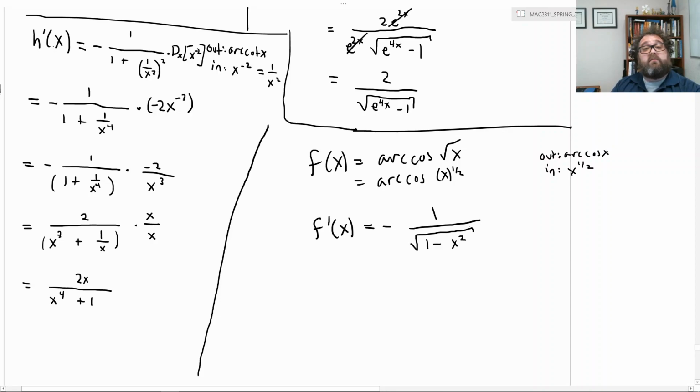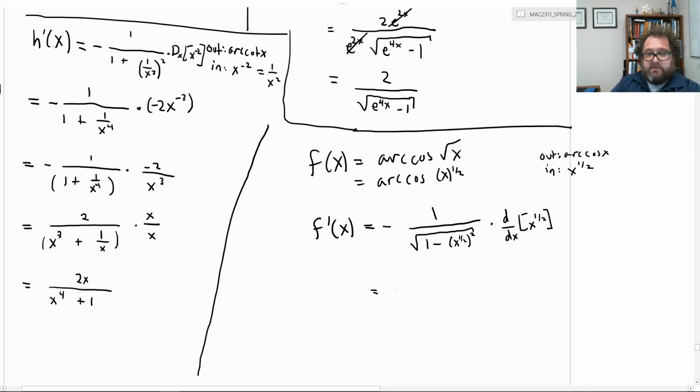So that's the derivative of arc cosine, the outside function, step 1. Step 2 of the chain rule, you evaluate that derivative at your inside function. So instead of having an x there, I'm going to have x to the 1/2 squared. Okay, that's step 2. Step 3 of the chain rule is to multiply by the derivative of the inside function.